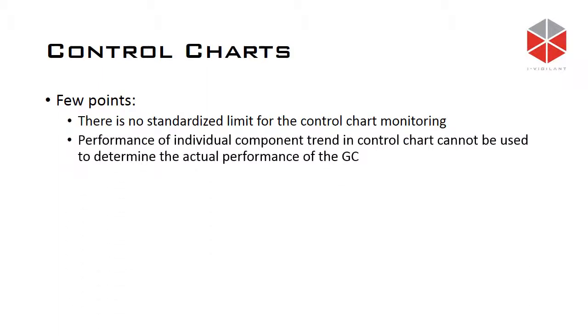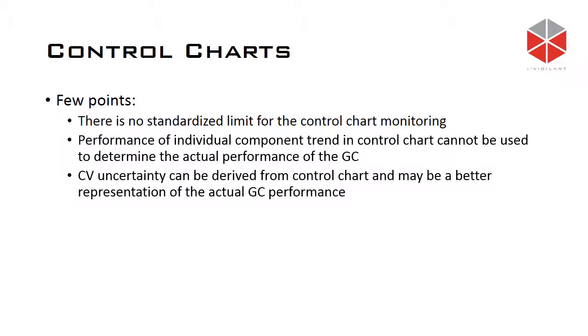That's my second point: the performance of an individual component in the control chart cannot be used to determine the actual performance of the GC. Again, this is because every gas is correlated in the GC, and depending on the unnormalized result of the total, everything can go up together or down together, so therefore everything needs to be seen as a whole.